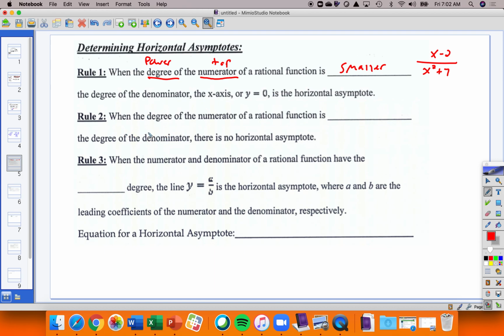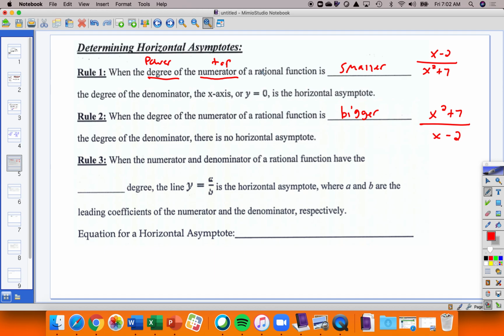Rule number 2, when the degree of the numerator of the rational function is bigger than the denominator, there is no horizontal asymptote. For example, x squared plus 7 over x minus 2. Now my degree on top is 2, my degree on the bottom is 1. There is no horizontal asymptote here.